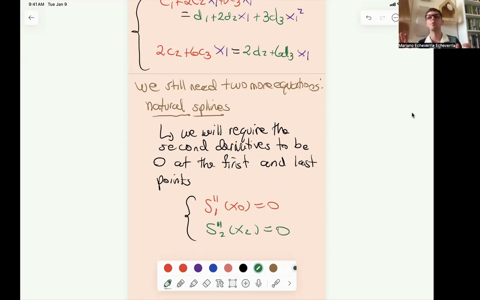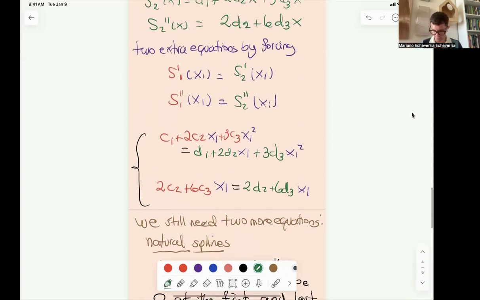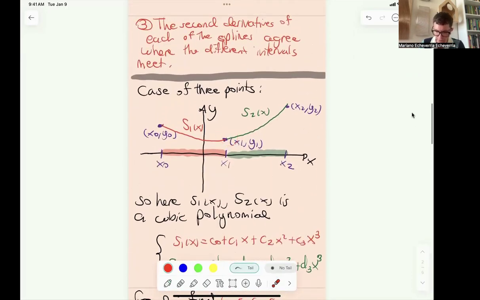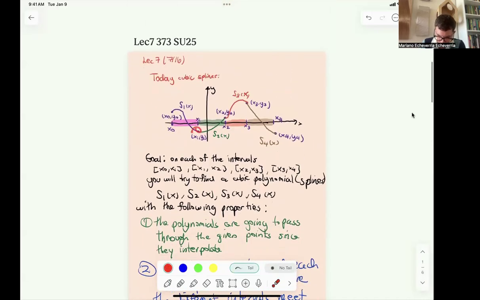So you don't want any extra conditions on the intermediate points. The thing is, you want to have the nice property of the second derivatives and the first derivatives agreeing at the intermediate points. So for example, here, right? The only place where there's still some freedom left is at the first point and the last point.